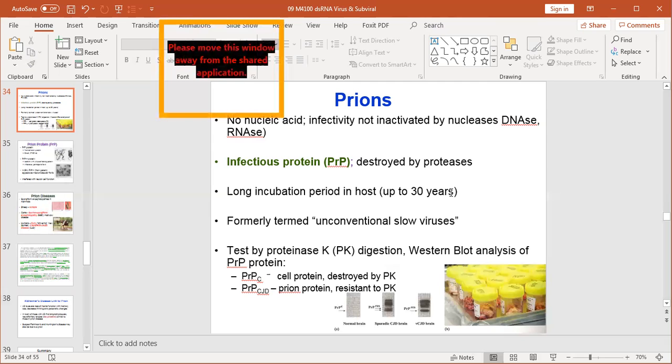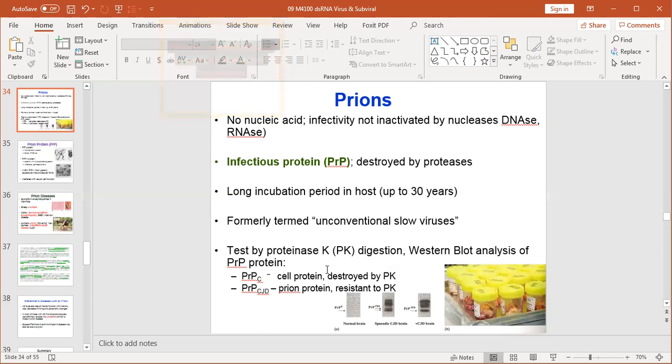We treat the tissues, the cells, with an enzyme called proteinase K. The test is called proteinase K digestion, and we use a technique called Western blot analysis. So what will happen? If you have a host cell protein, a normal protein, it is sensitive to this proteinase.